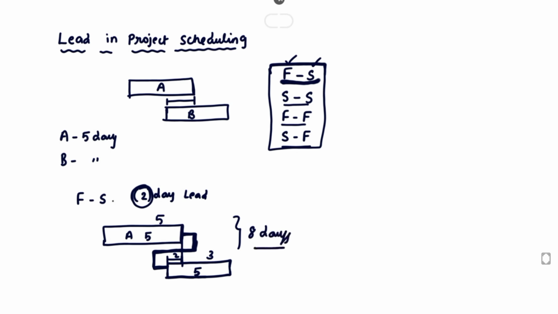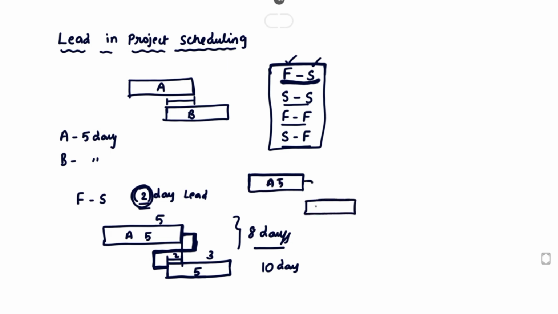If there is no lead in the activity, the completion time is 10 days. If there is no lead, the diagram will be like this. This is activity A, 5 days.